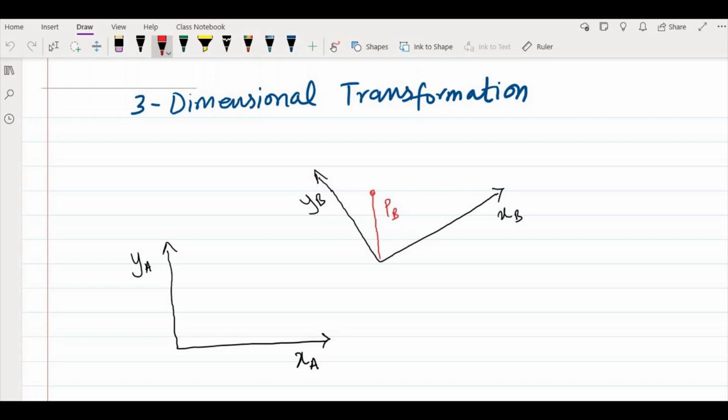I think there is some misalignment here, so let me do this correction. Let's draw it a little bit at angle. So this we call it PB.